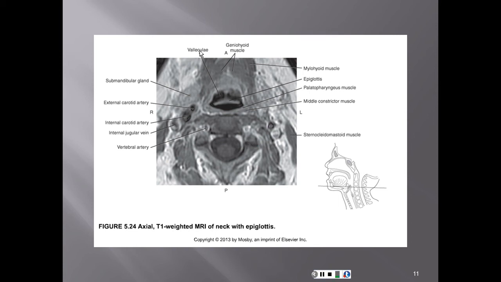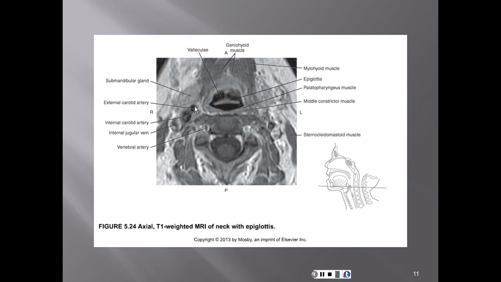Again, anatomy of interest on this page would be the valleculae, epiglottis, mylohyoid muscle, geniohyoid muscles, the base of the tongue muscles. Remember, you got the palatopharyngeus muscle. It's one of your constrictors. Middle constrictor. These are the muscles that peristalse to help food to travel down the esophagus.